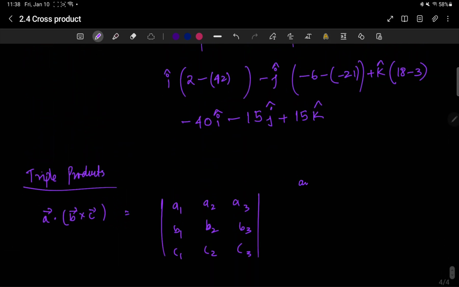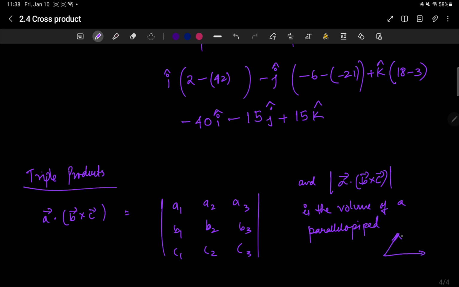And the magnitude of this vector is the volume of a parallelepiped. A parallelepiped is a 3-dimensional equivalent of a parallelogram.